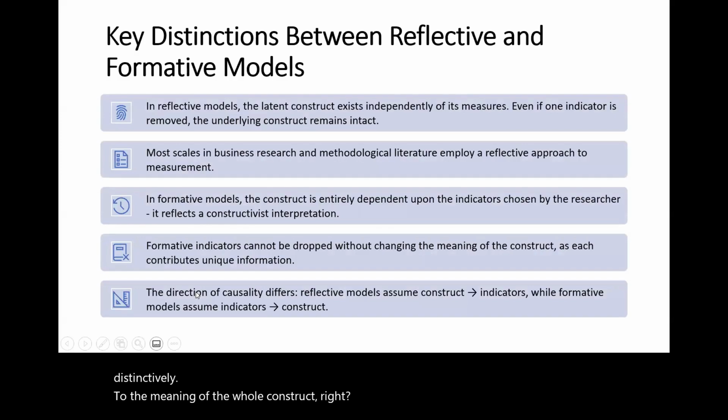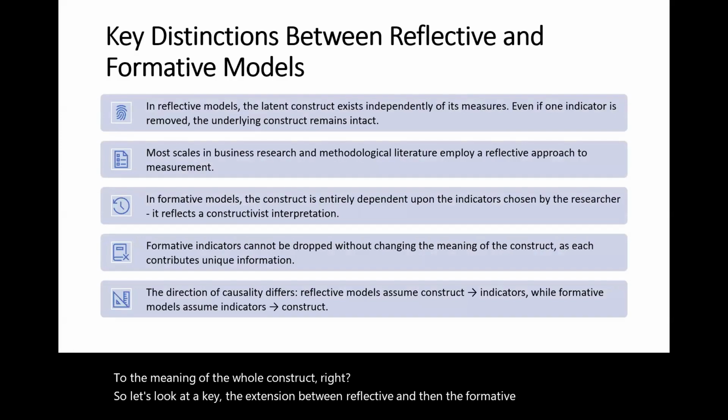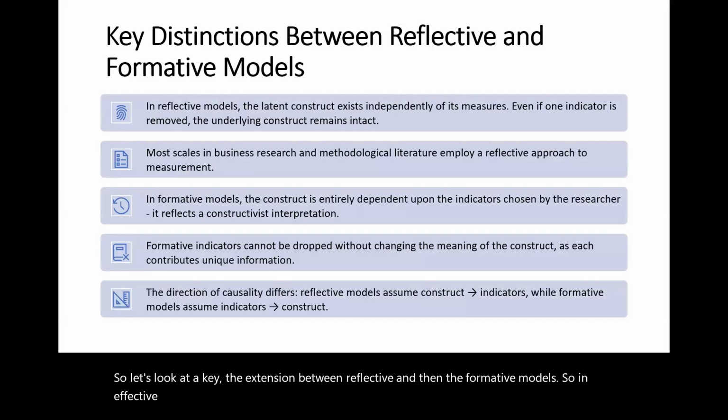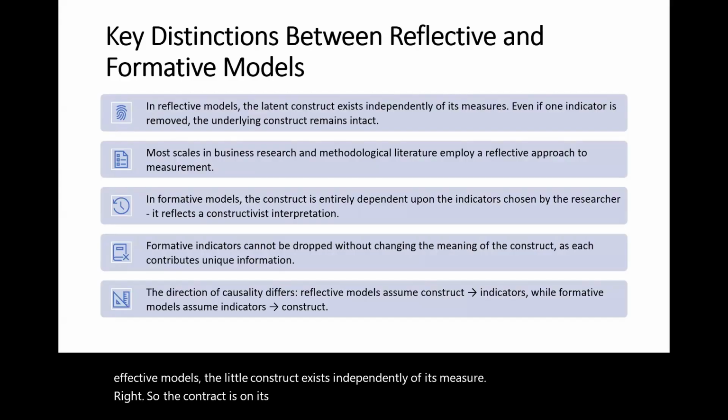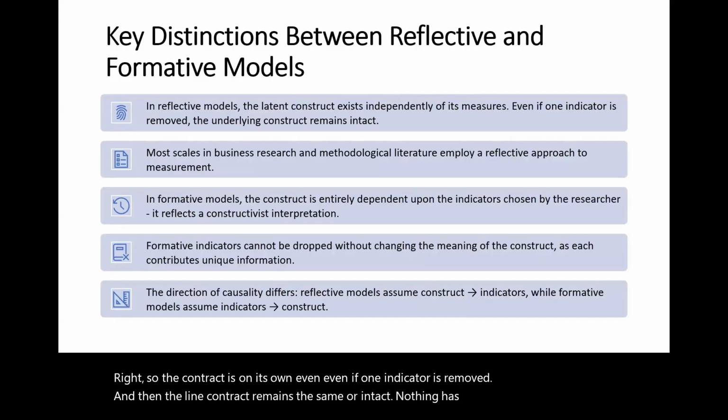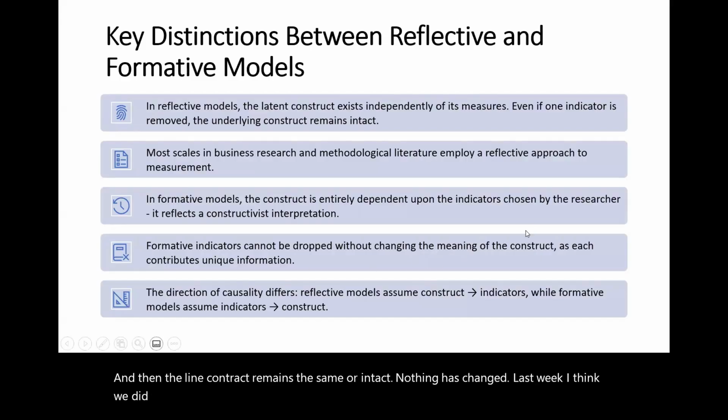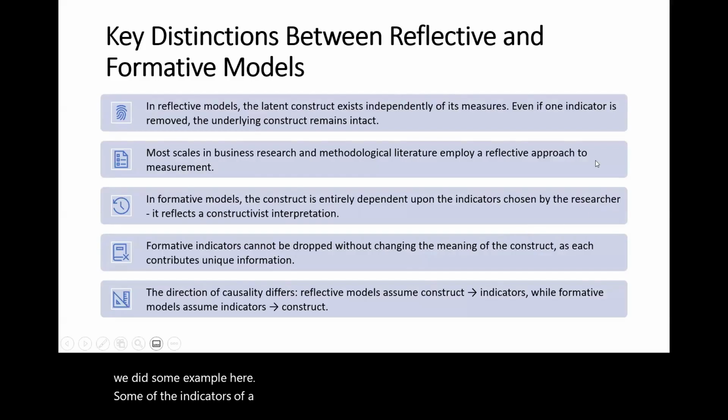So let's look at the key distinction between reflective and formative models. In reflective models, the latent construct exists independently of its measure, all right? So the construct is on its own. Even if one indicator is removed, the underlying construct remains the same, or intact. Nothing has changed. Last week, I think we did an example where some of the indicators of a construct did not meet the 0.7 threshold, and we had to delete them.